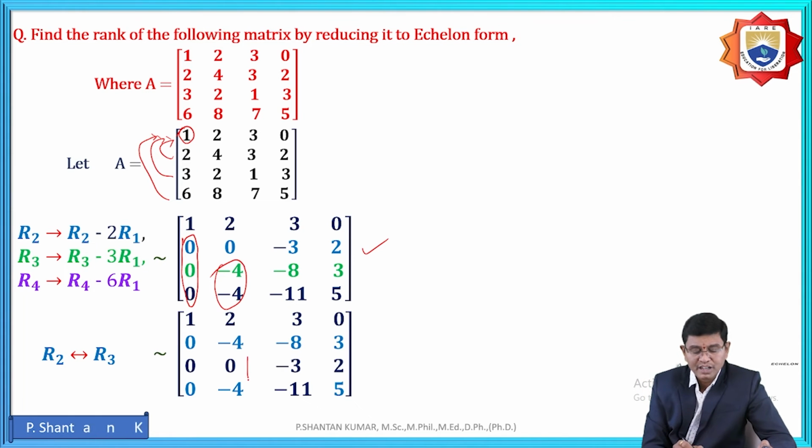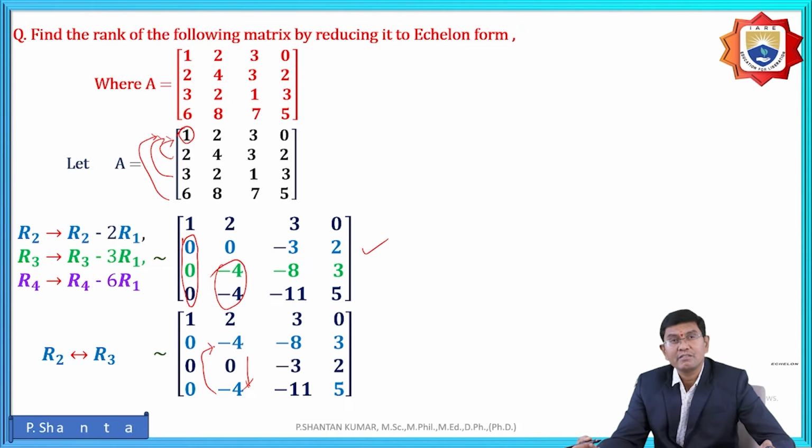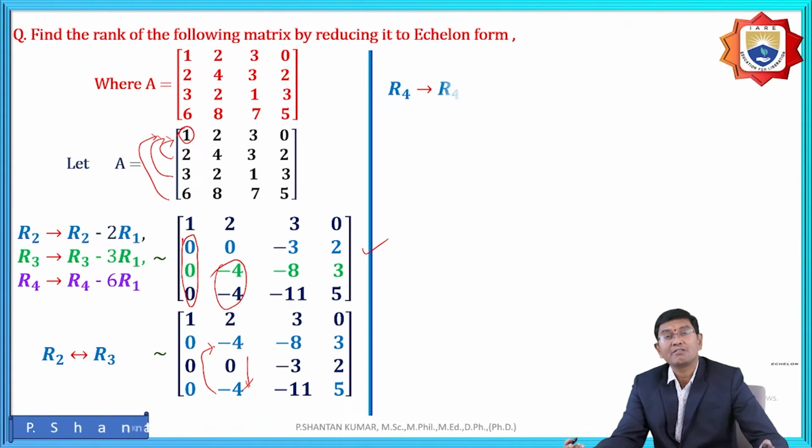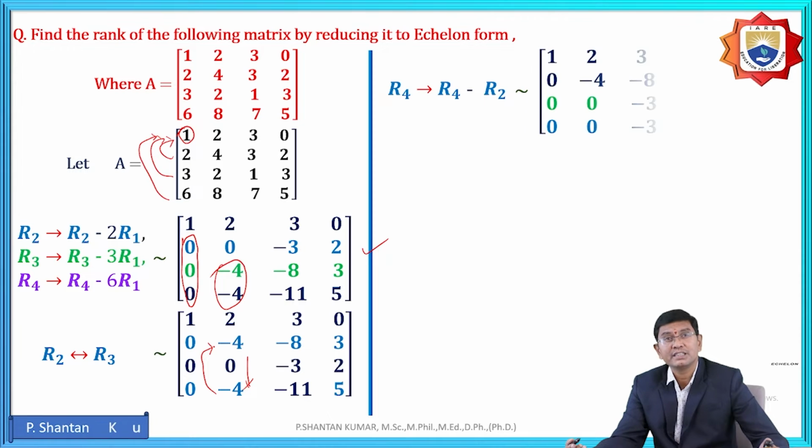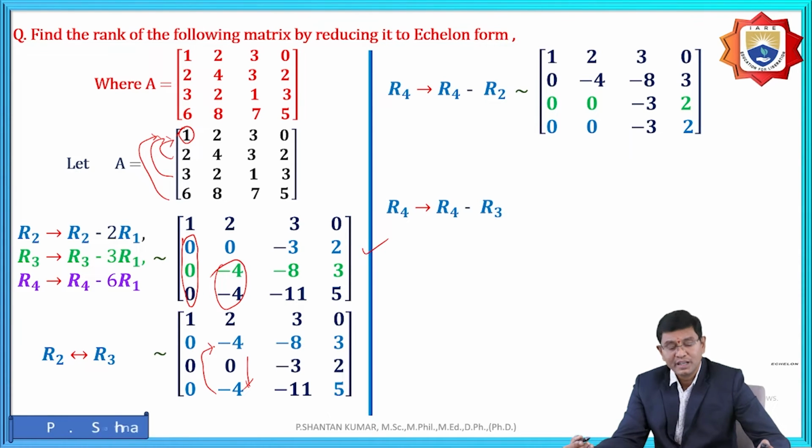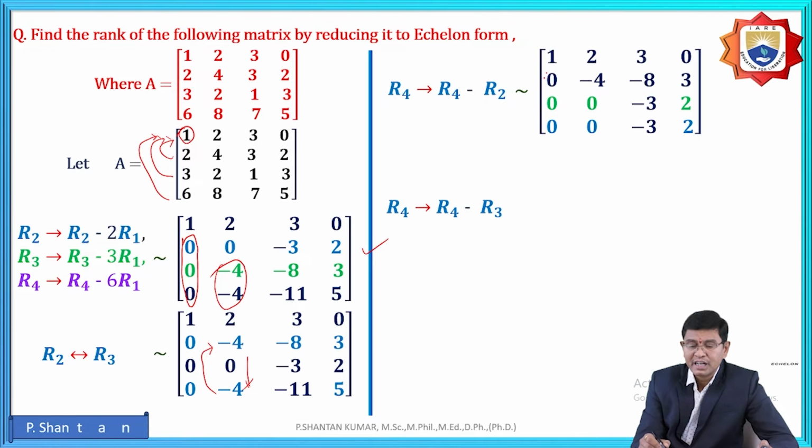Now we need to reduce further to 0 with the help of R4 and R2. Applying R4 minus R2, the matrix is reduced to this: R1, R2 and R3 have no changes, only R4 changes.